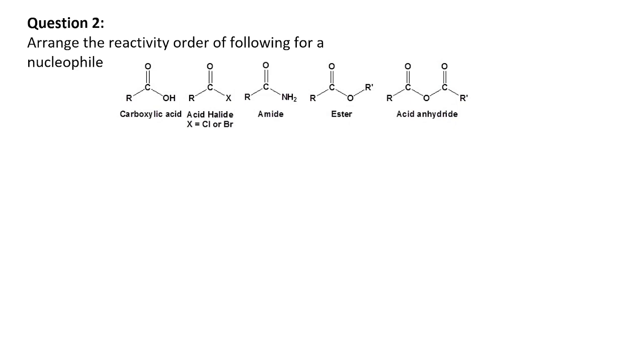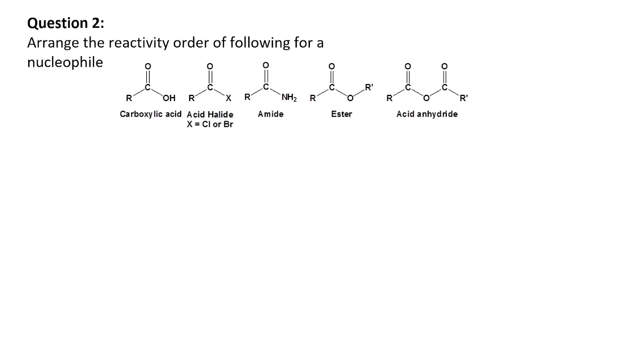Okay, this question is just from basic organic chemistry. The question says arrange the reactivity order for a nucleophile. Different carbonyl compounds are given: carboxylic acid, acid halide, amide, ester, acid anhydride.